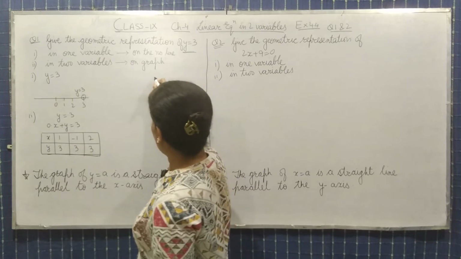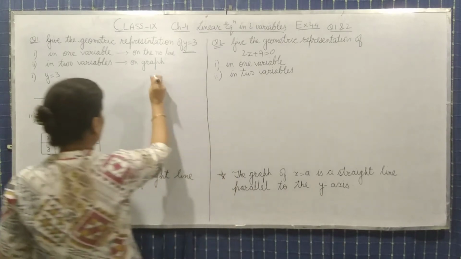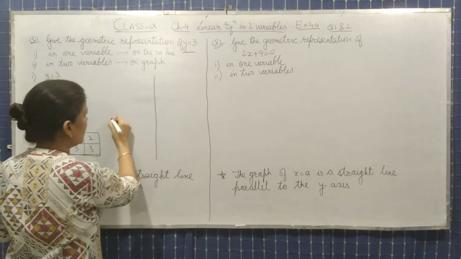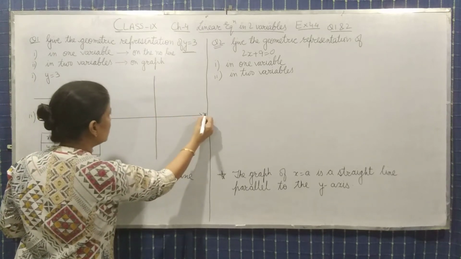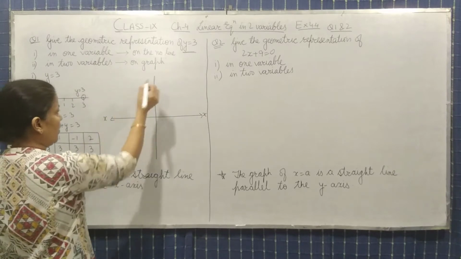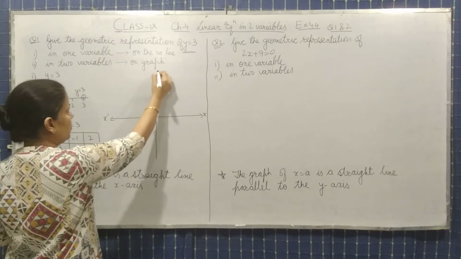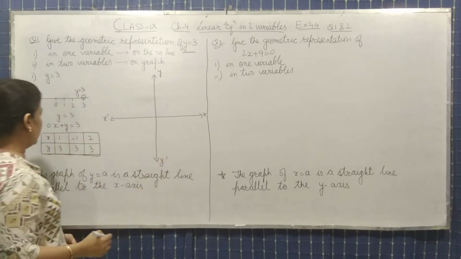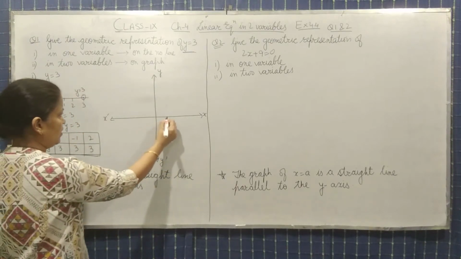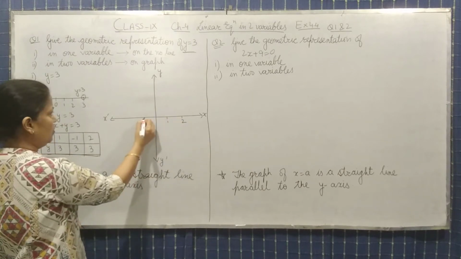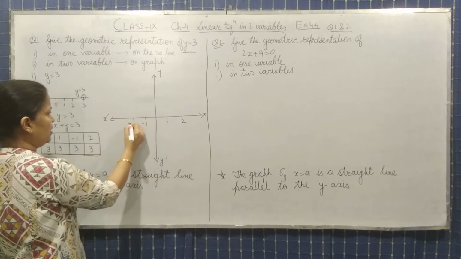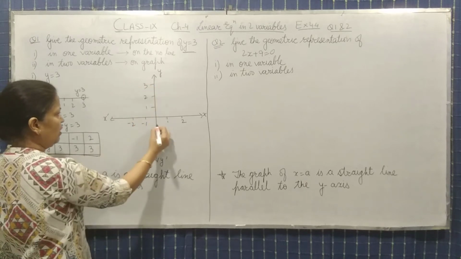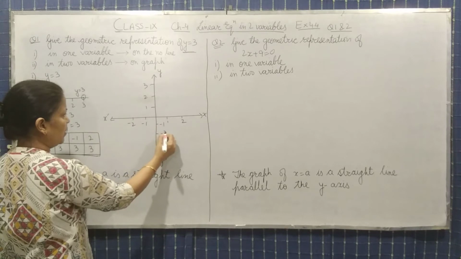Now we will make the graph. Again, the same procedure to represent the coordinates on the graph. This is 1, 2, minus 1, minus 2 on the x-axis, and 1, 2, 3 on the y-axis, and here you can take minus 1, minus 2.